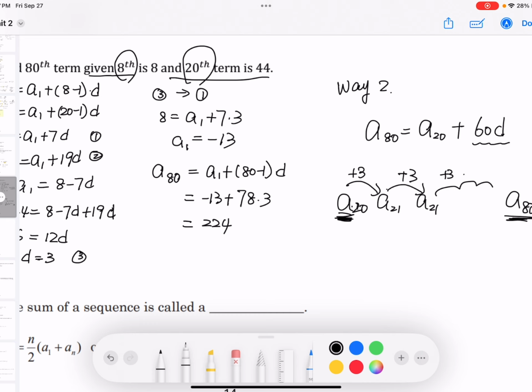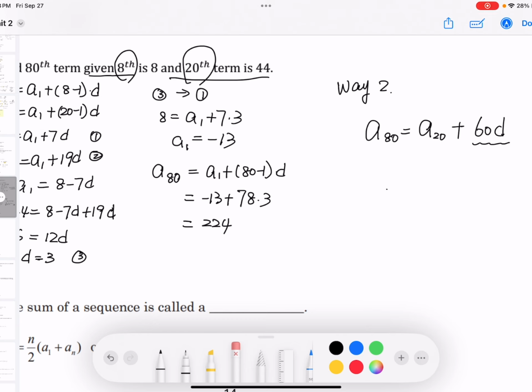Okay, maybe this is easier. If I can find the d, then I can plug the d inside. So 20th term is 44 plus 60 times d. What is the d? d is 3. So we also have 224 as the term 80.